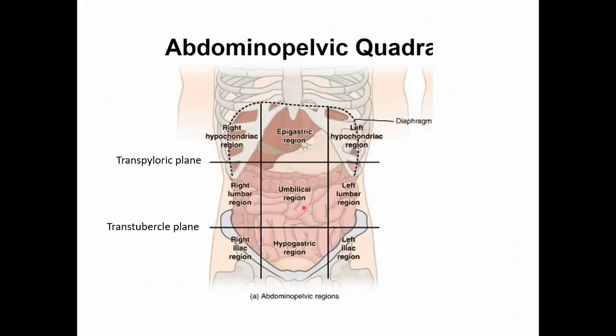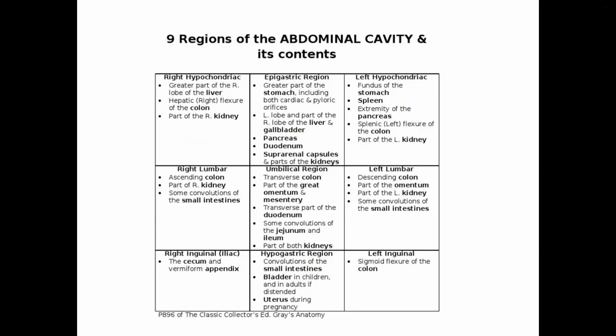You can see two vertical lines at the level of the mid-clavicular line, while the two horizontal lines are the transpyloric plane and the transtubercle plane. These regions are very helpful to divide the abdominal cavity, and the contents we are going to learn in each region.